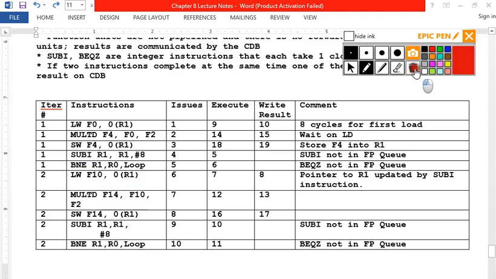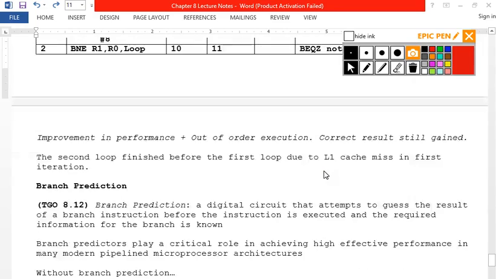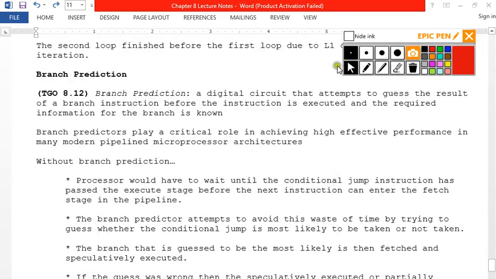Okay, well, in that case, let's kind of go over this concept of branch prediction. So basically, the whole idea is what happens when we have massively parallel processing, and then we have an issue where we have to guess.